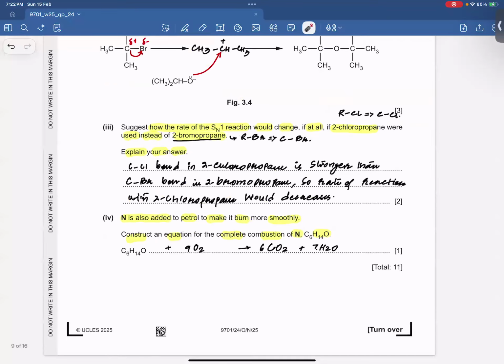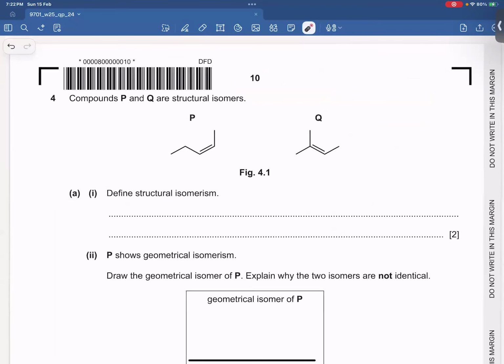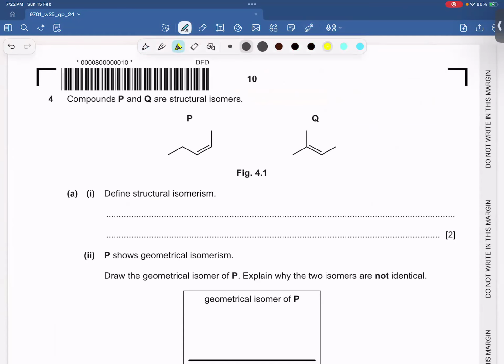That's question number 3. Let's start with 4. Compound P and Q are structural isomers of each other. Define structural isomerism.